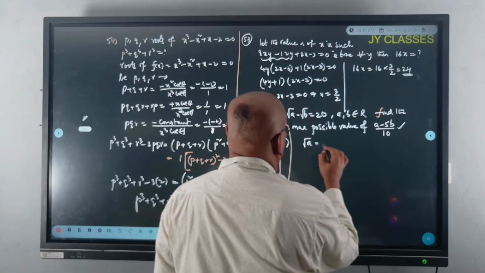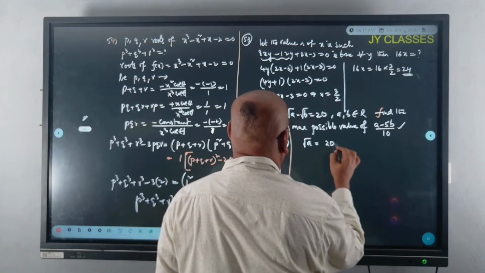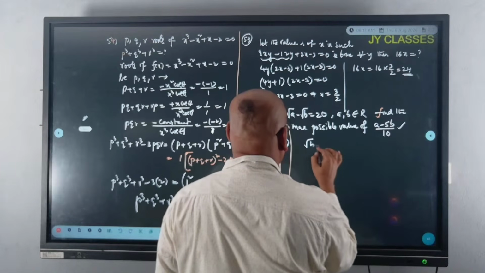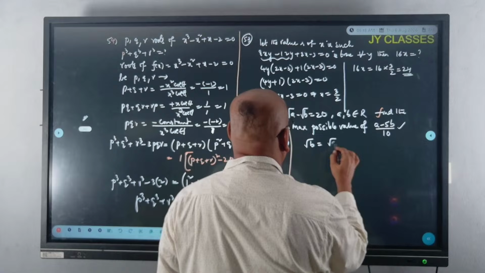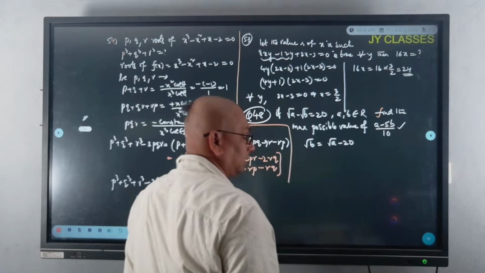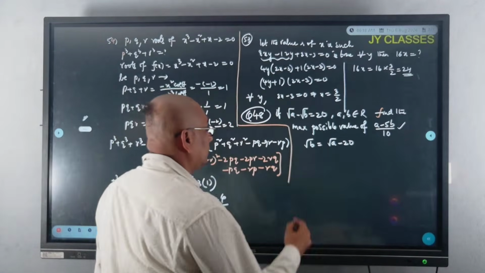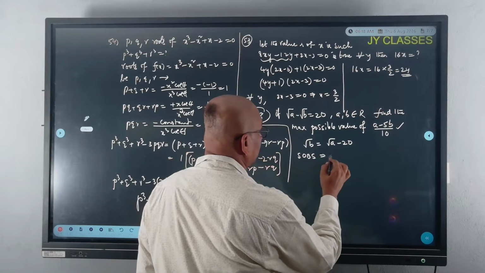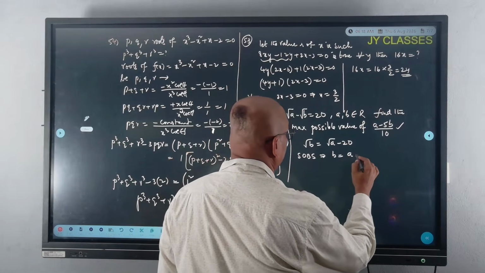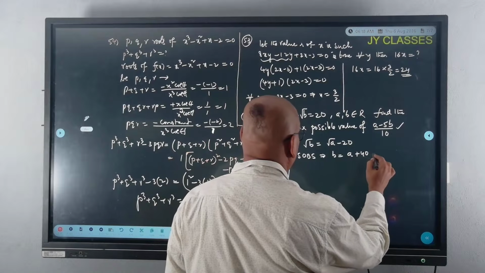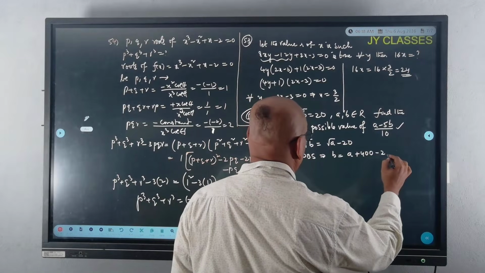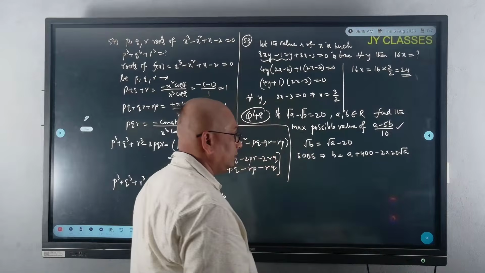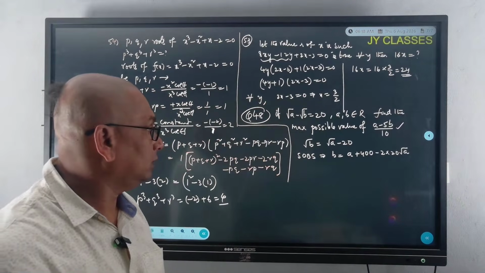So root a is equal to 20 plus root b, or root b is equal to root a minus 20. Now simplify here, squaring on both sides. b is equal to a plus 400 minus 2 into 20 root a.